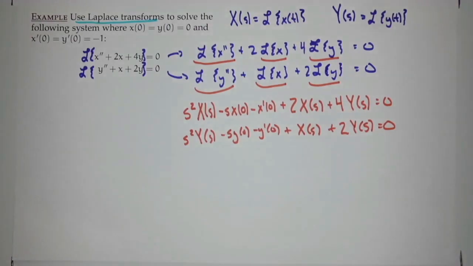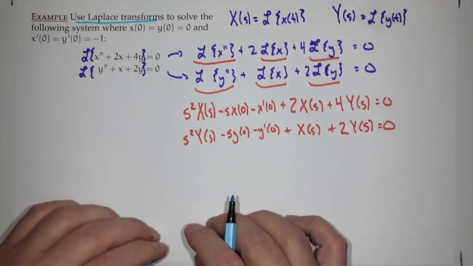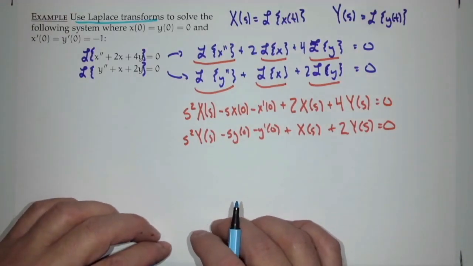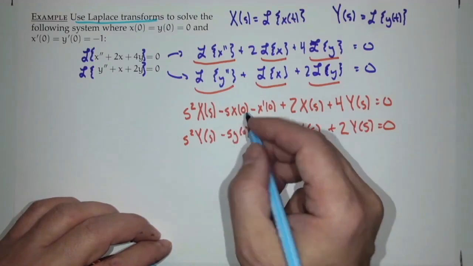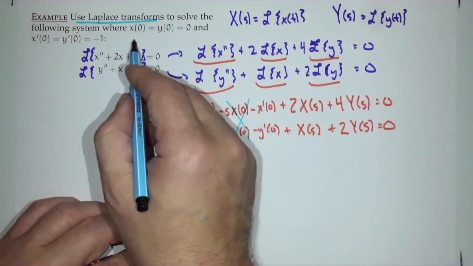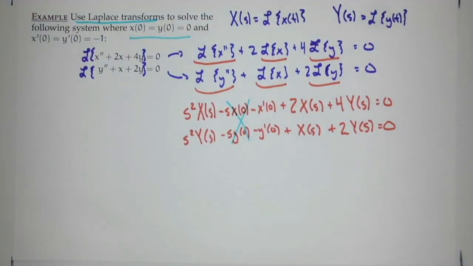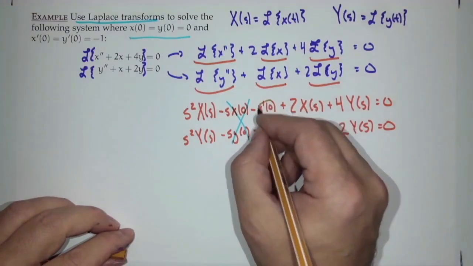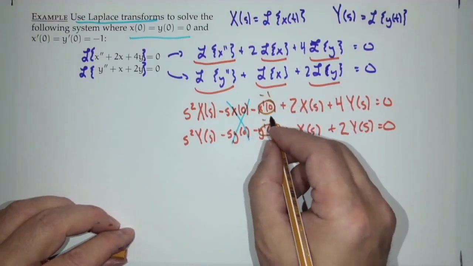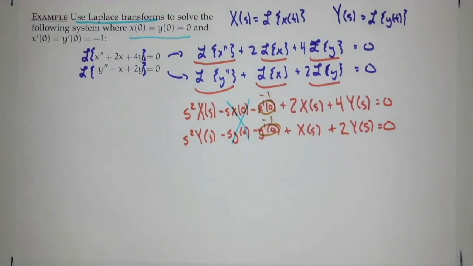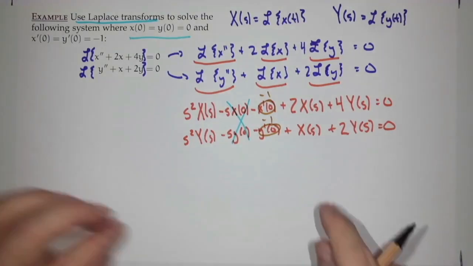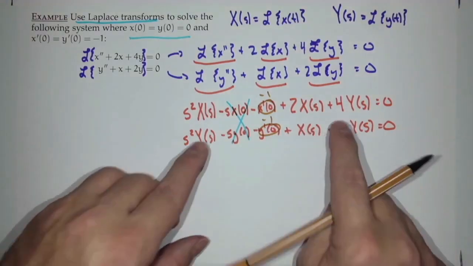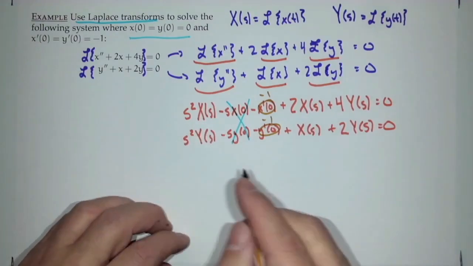Okay, does anything simplify? Yeah. All of the x of 0 and y of 0 are 0. Good. That helps. Right. So this is -1, -1. Now we'll group. We have two terms with x of s.